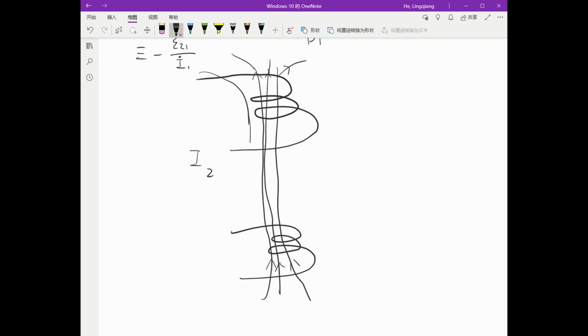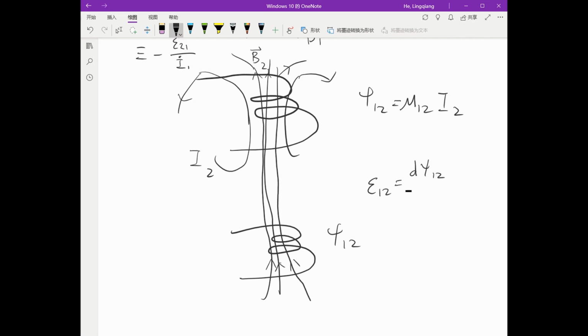Similarly, when there is a current in coil 2, the generated magnetic flux in coil 1 is φ12 equals M12 times current I2. When I2 changes, the EMF in coil 1 is minus dφ12/dt, equals minus the mutual inductance M12 times the change in current dI2/dt.